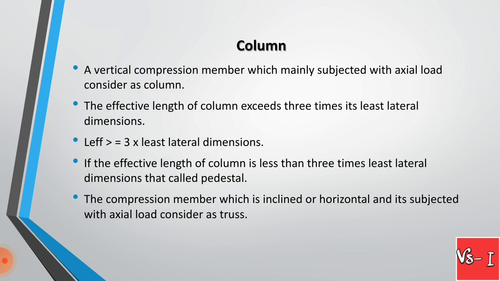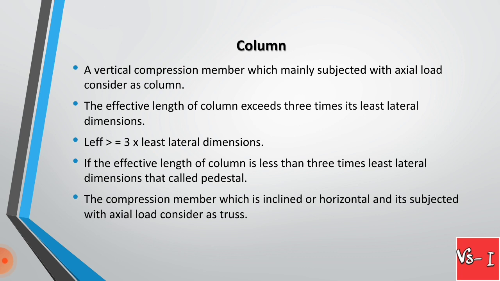A column is basically a vertical compression member which may be subjected to axial load. Here, the effective length of the column exceeds 3 times its lateral dimension. L effective should be greater than or equal to 3 times the lateral dimension.